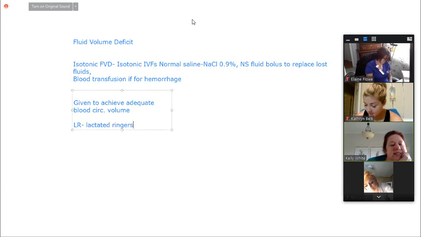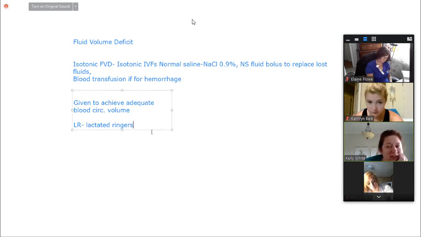This is actually getting more and more used. Normal saline has always been our gold standard, but they have found with recent studies that lactated Ringer's actually tends to help a little bit more.